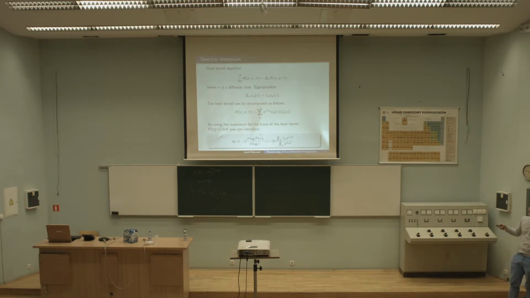You can define such a quantity for Euclidean geometries: for the Laplace operator defined on Euclidean geometries, your spectral dimension just gives you the topological dimension. But in other cases, when your Laplace operator is defined on some quantum spaces, you will in general have different results.